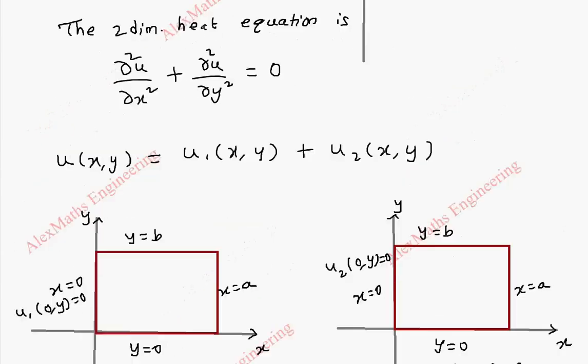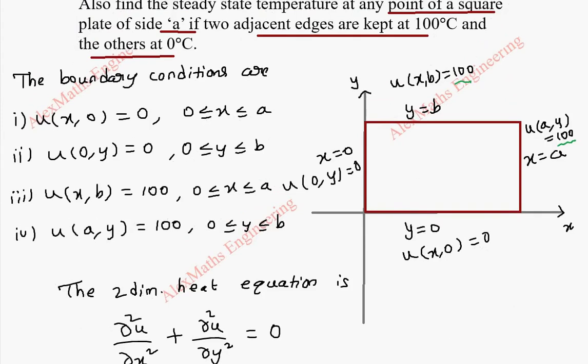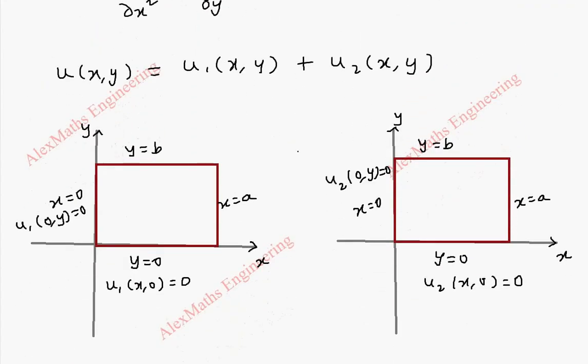And as per the condition, the two adjacent sides are maintained at 100 and 100. So one we are going to take as 100, the other as 0. That is, for u1, I take u1 of x comma b is 100, and u1 of a comma y is taken as 0.